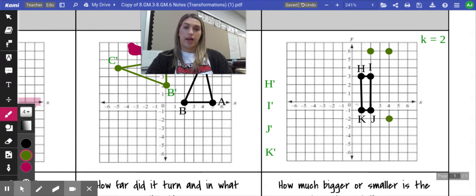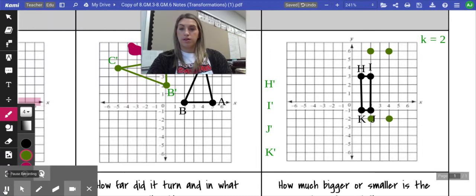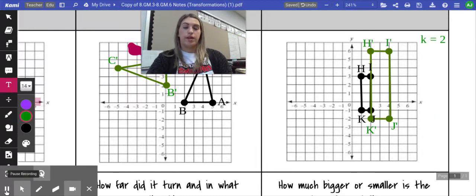And for K, it's at 1, negative 1. So both of those multiplied by 2 will get me 2, negative 2. All right, so here's my new rectangle, H prime, I prime, J prime, K prime.